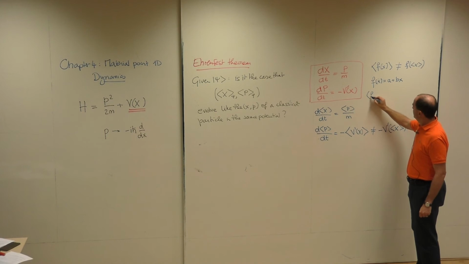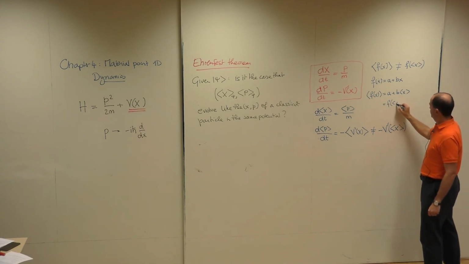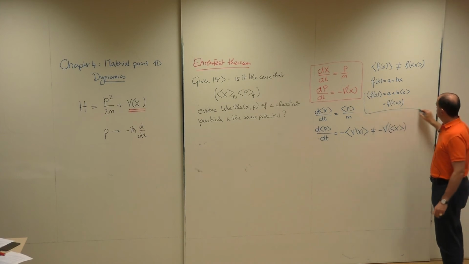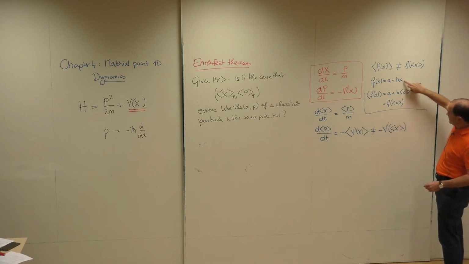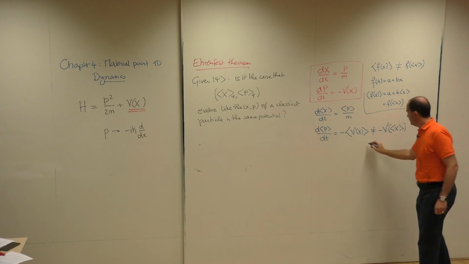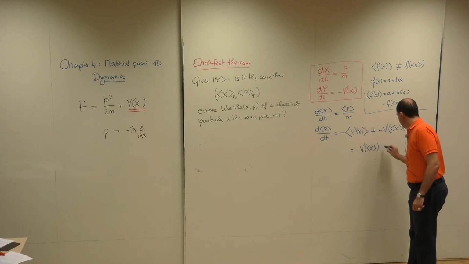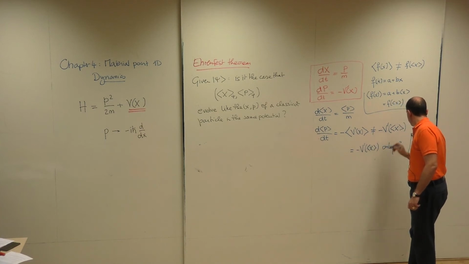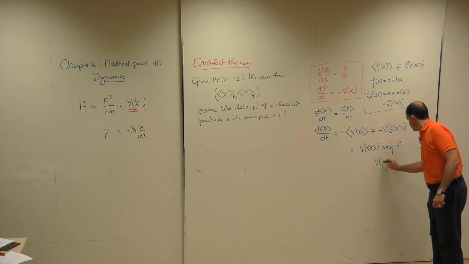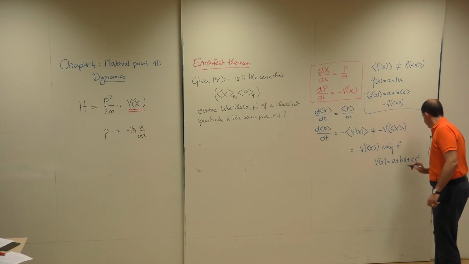Because in this case the average of f of x is the same as f of the average of x. And if you look at what this means for a potential, our function here is the derivative of the potential, so it would mean that this is equal to minus v prime of the average x, essentially only if and only if v of x is at most quadratic, a plus bx plus cx squared.